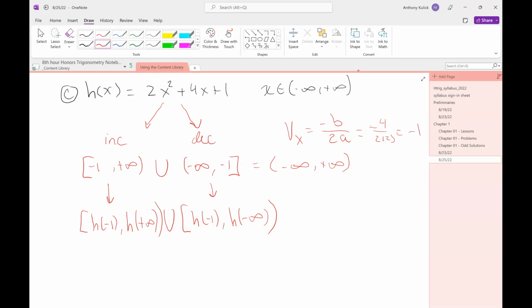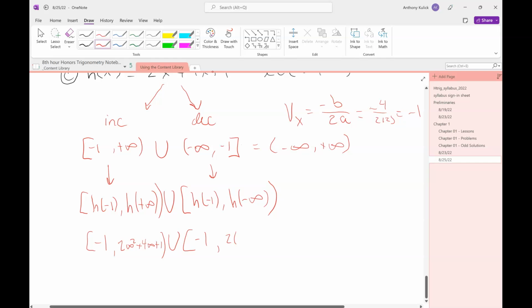If I plug 1 in, I have 2 minus 4 plus 1. That's -1. Everybody agree? When I plug the positive infinity in, I get 2 infinity squared plus 4 infinity plus 1.